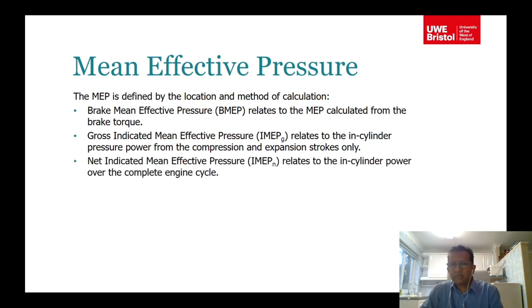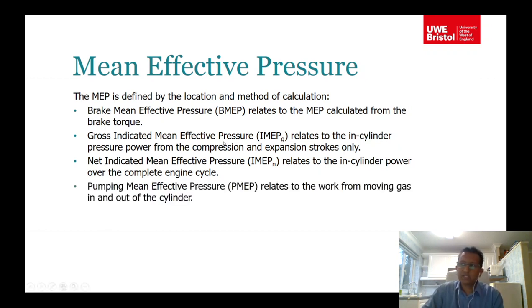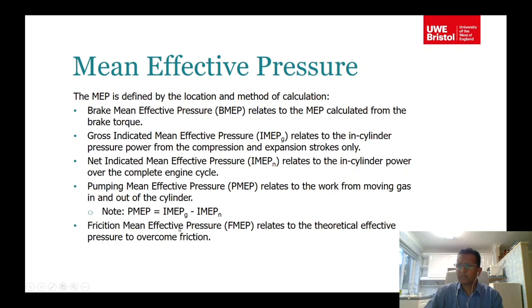So net indicated mean effective pressure relates to the in-cylinder power over the complete engine cycle. Okay. So pumping mean effective pressure relates to the work from moving gas in and out of the cylinder. Note that pumping mean effective pressure is equal to IMEP gross minus IMEP net. Okay. So friction mean effective pressure relates to the theoretical effective pressure to overcome friction.